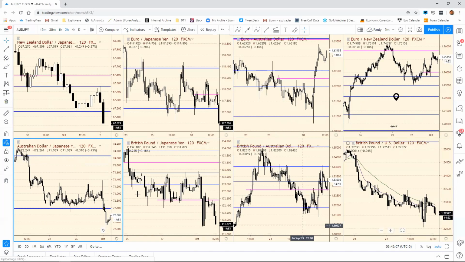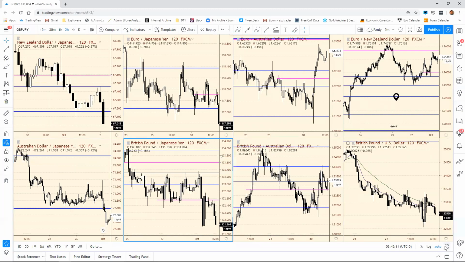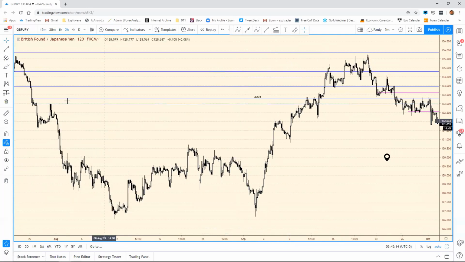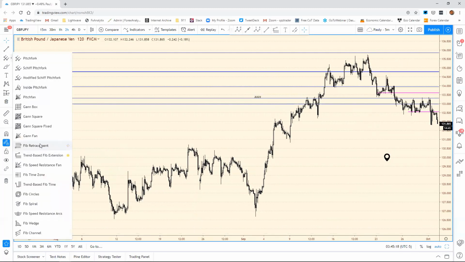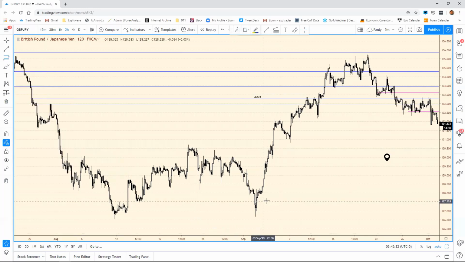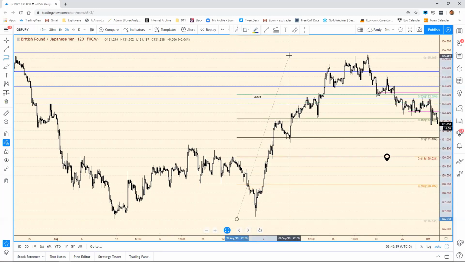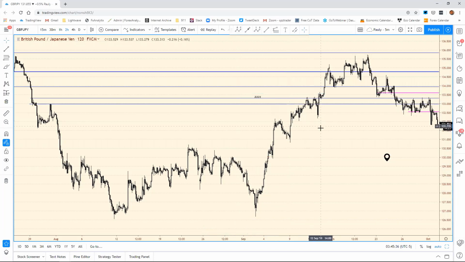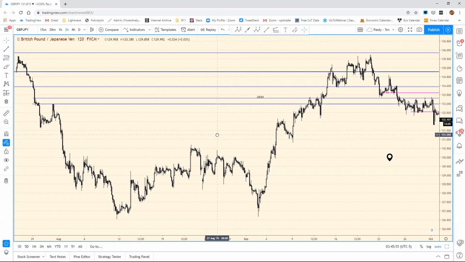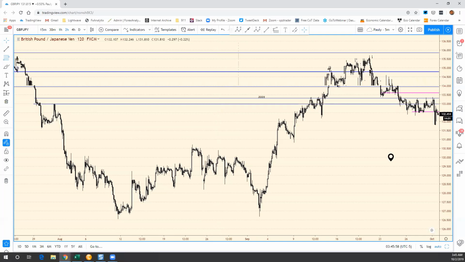Now let's go over to the guppy. Even past 38% at this point. It's going to be right there at 31.33.